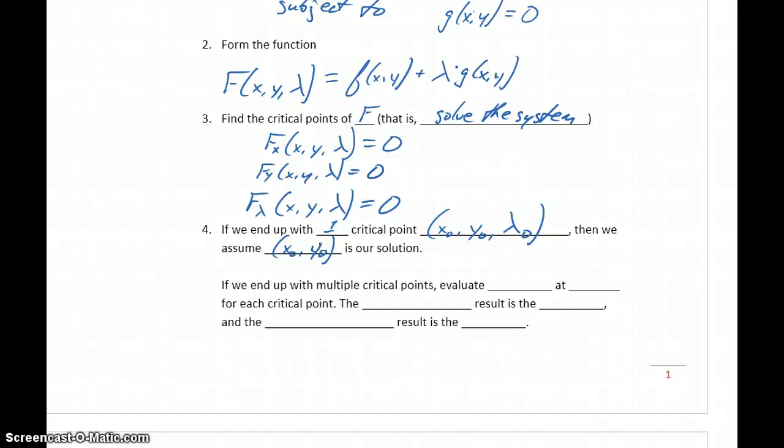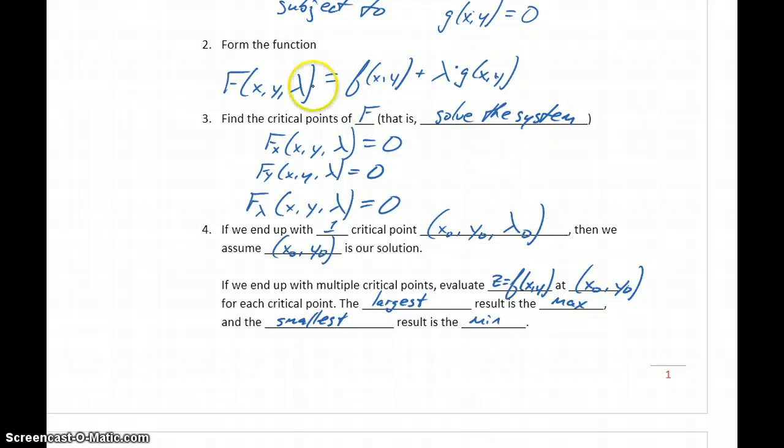If we end up with multiple critical points, then we evaluate the original function at each value. So we take each of those critical values that we came up with, the corresponding x and y coordinates, and plug them into the original equation. The largest of those is the maximum, and the smallest of those is the minimum.